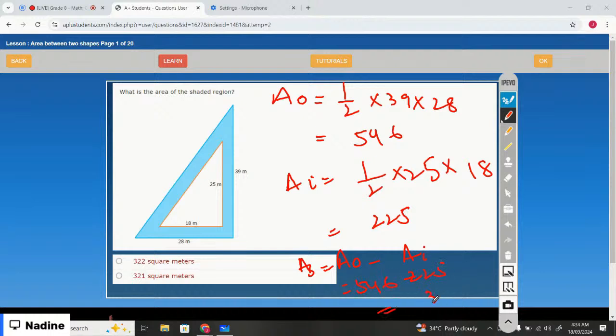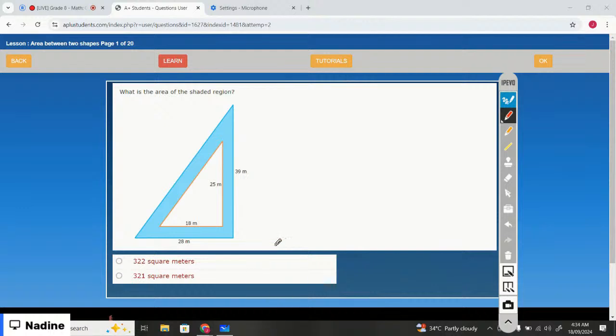So which is the correct option? That is 321 square meters.